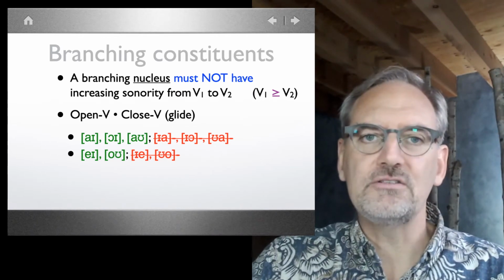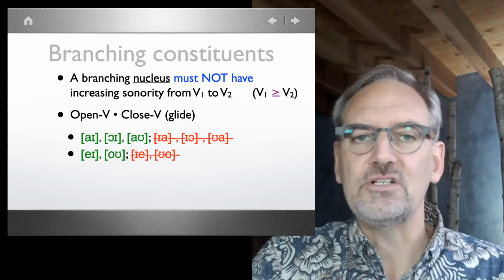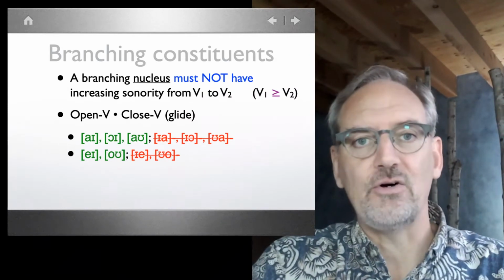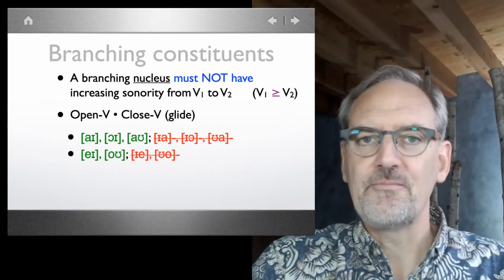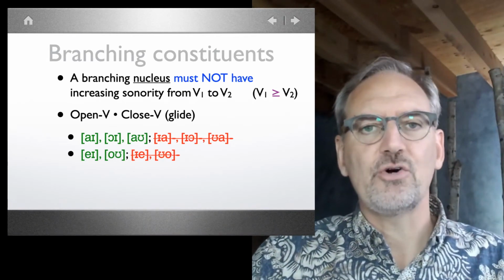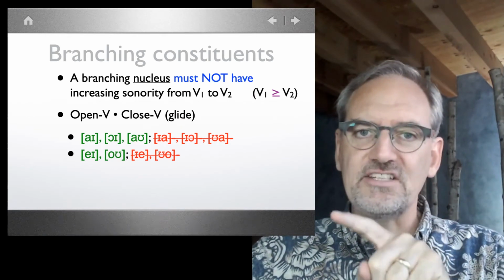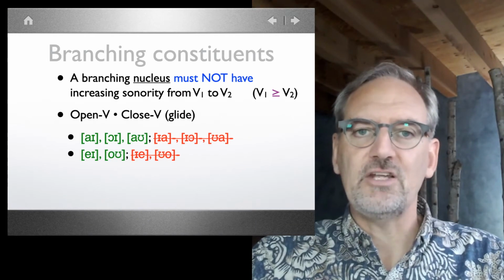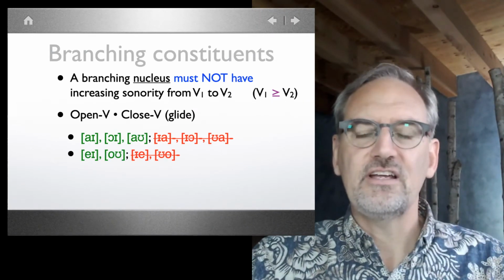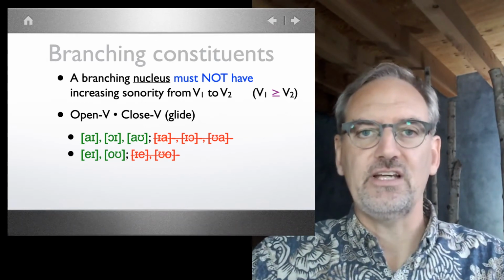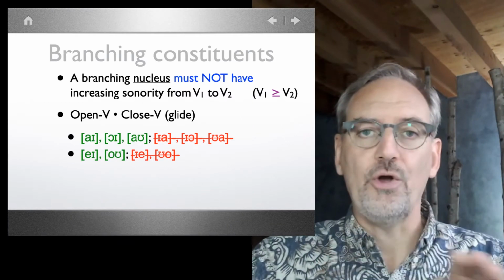It's an open vowel, it's either a low vowel or a mid vowel, and then the second vowel tends to be a high vowel. Right? And remember, high vowels have a little bit less sonority. They have the same degree of sonority as glides. As a result, we're getting a sequence of two segments in which the sonority is going from higher to lower in the branching nucleus. Ai, ow, and even oi.